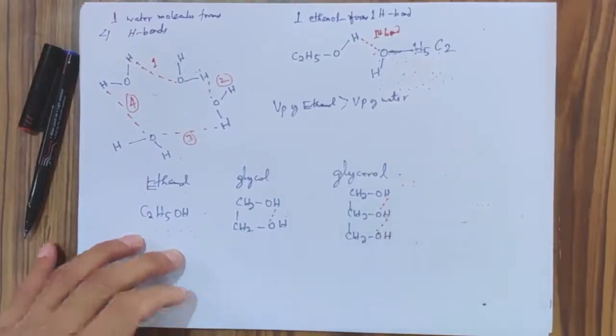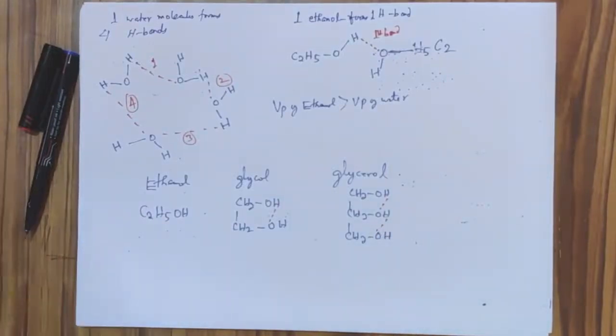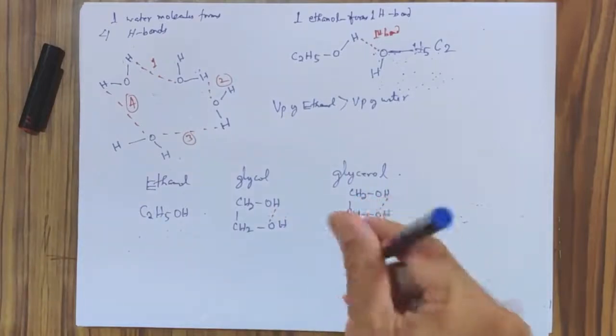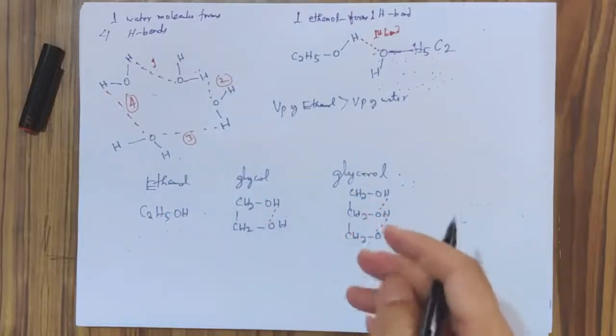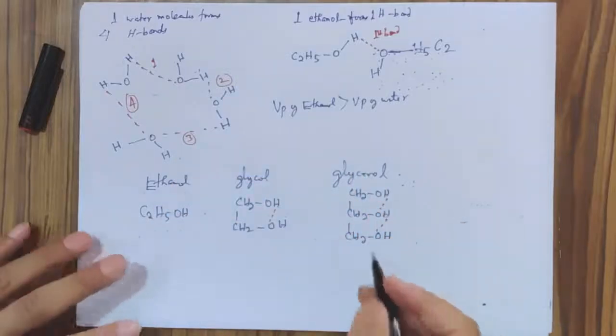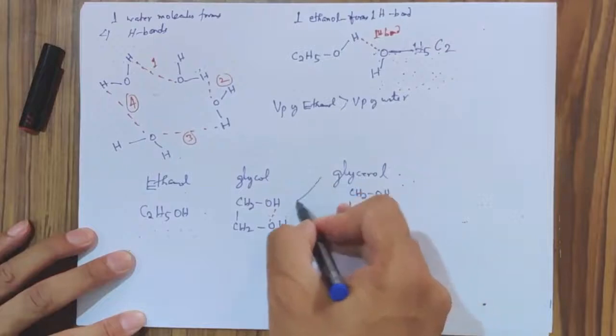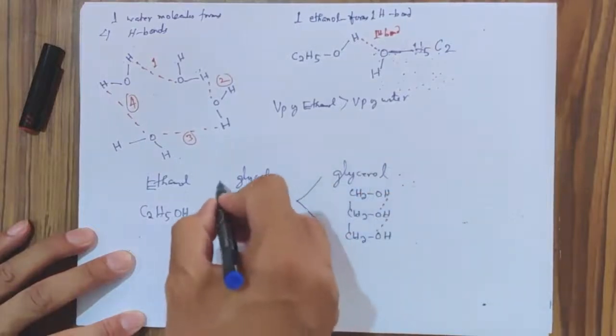So the order of vapor pressure is: glycerol has the highest, next is glycol, and the last is ethanol.